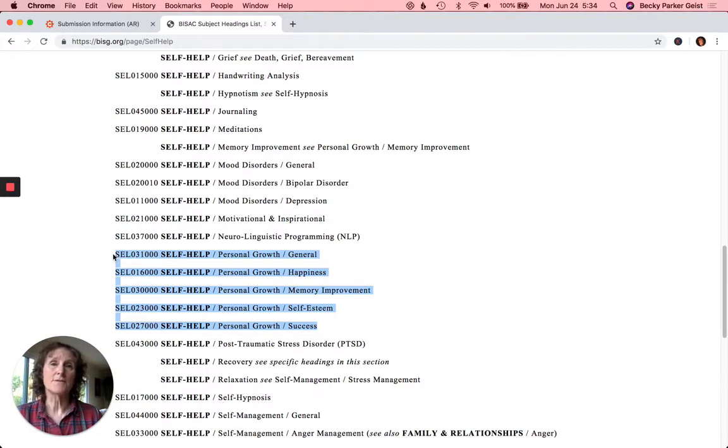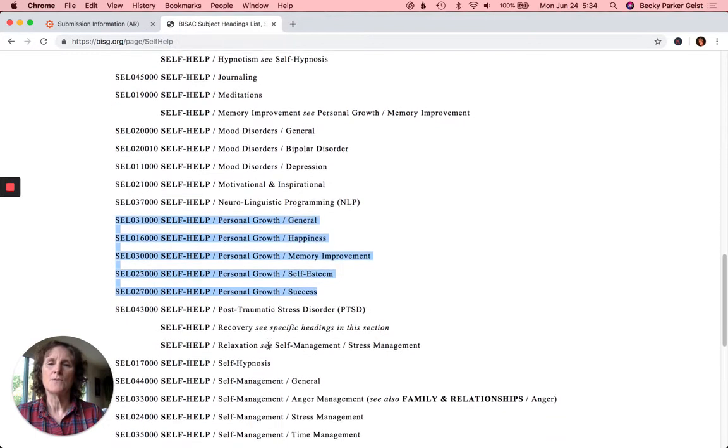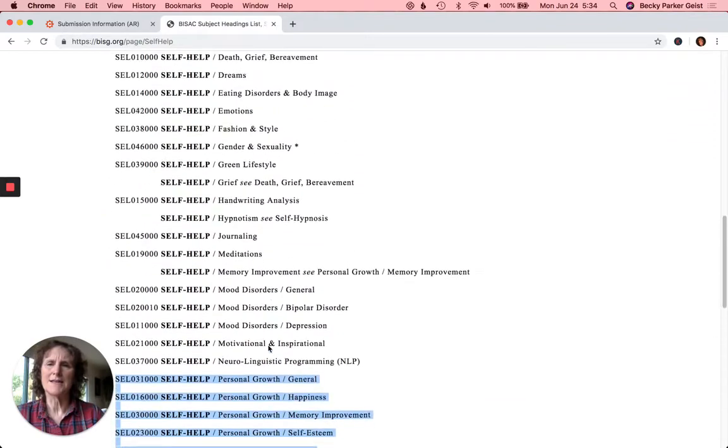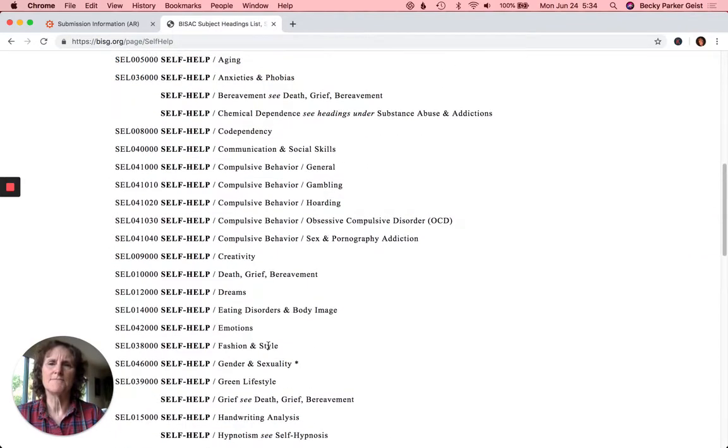Or just write them down on a piece of paper. It doesn't matter. But make a list of everything that you think might fit, and then we'll narrow down that list later. So let's assume that we've got all of these, and now you want to look through the whole list. Is there anything else that looks like a good fit?